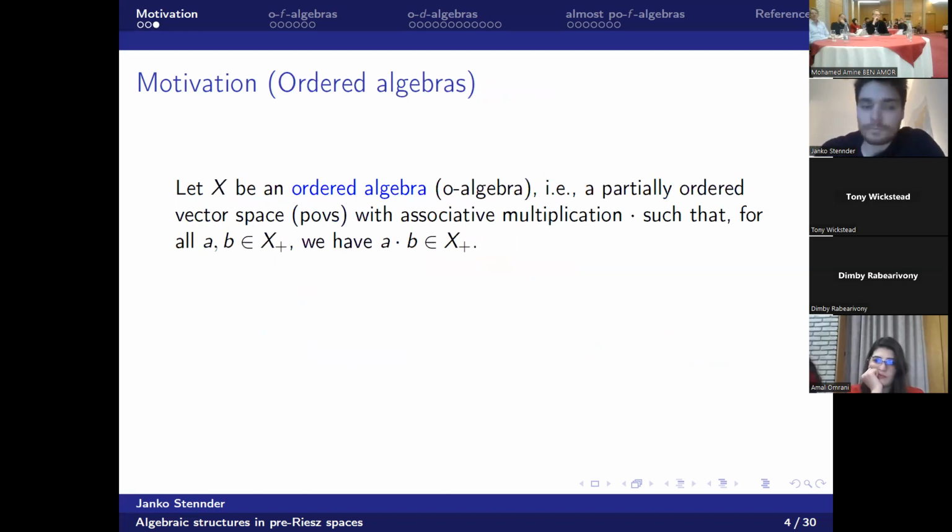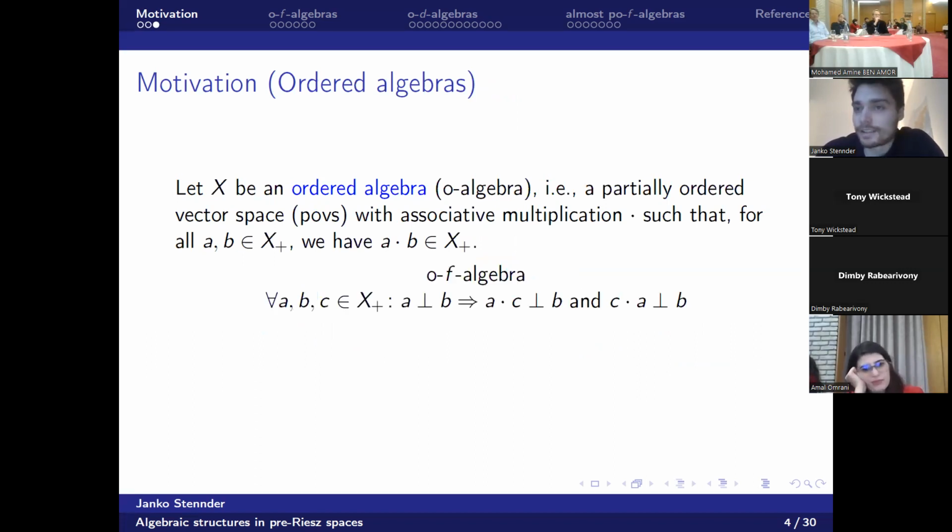We begin with an ordered algebra, which is just some partially ordered vector space with associative multiplication, such that the product of positive elements is again positive. And Anke showed you how we can define disjointness in partially ordered vector spaces, which was some equality of sets of upper bounds.